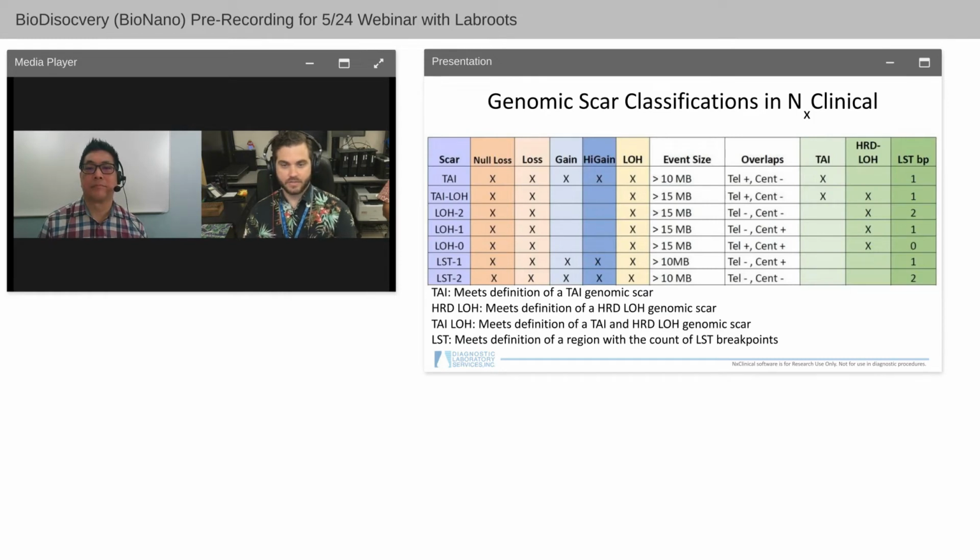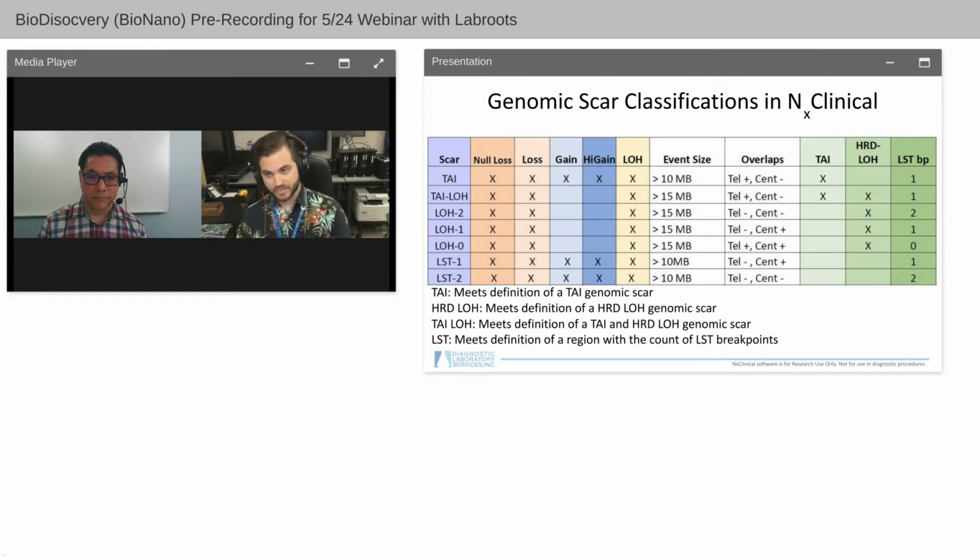Here is a table of how the NxClinical software that we're using and displaying today classifies what it sees. And as we are now getting towards how you add up what is present as a scar and assign it an integer of weight, we look at this table to show that every X here will gain a presence integer, an integer of 1.